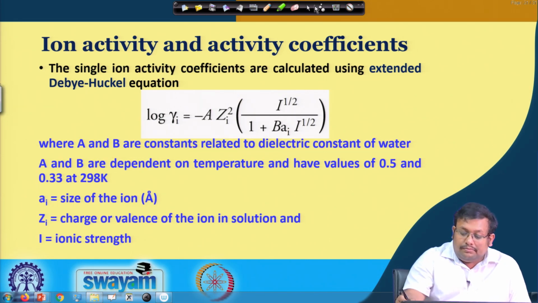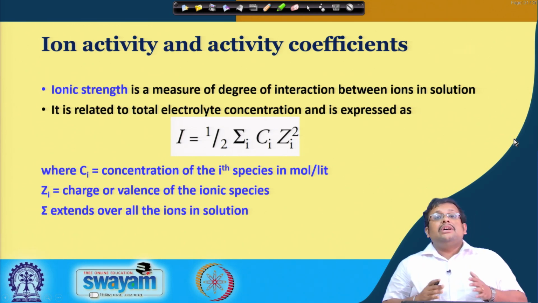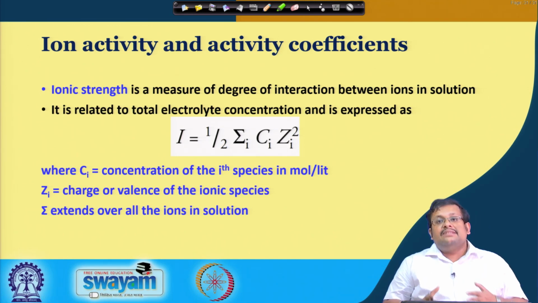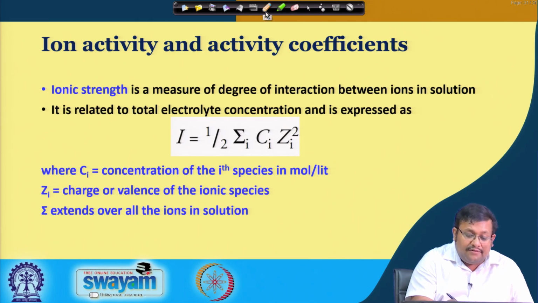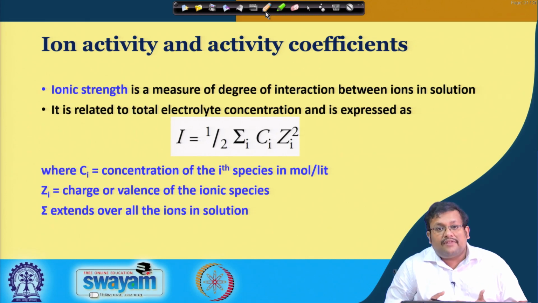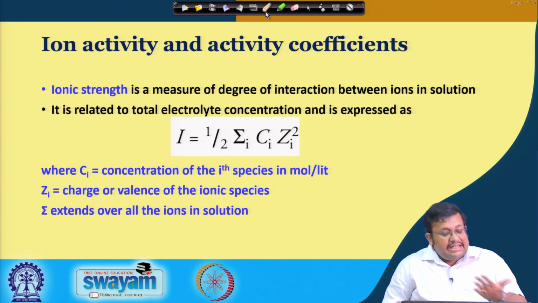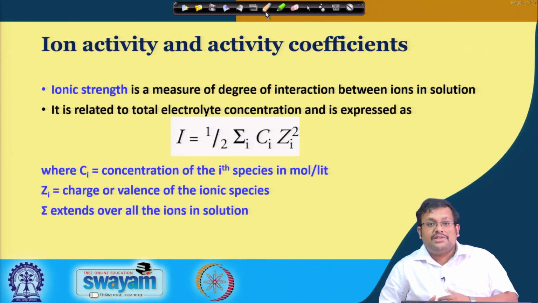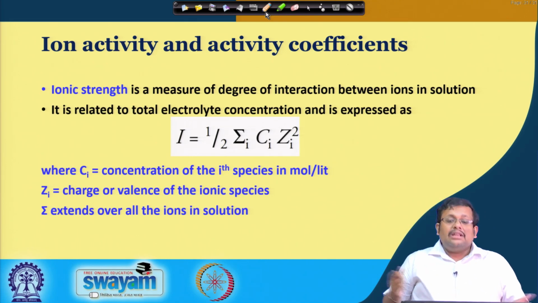So, ionic strength is a measure of the degree of interaction between the ions in the solution, and it is related to the total electrolyte concentration. It is expressed in the form of a summation, where Ci is the concentration of the ith species in mole per liter, and Zi is the charge or valence of the ionic species, where the summation extends over all the ions in the solution.